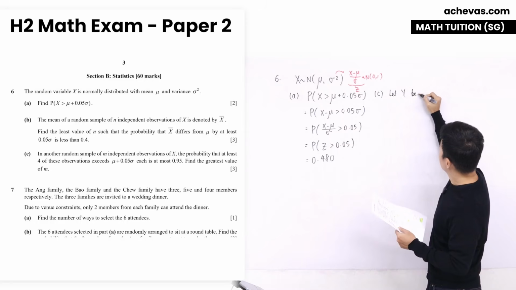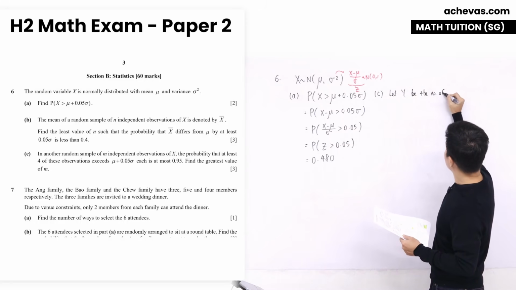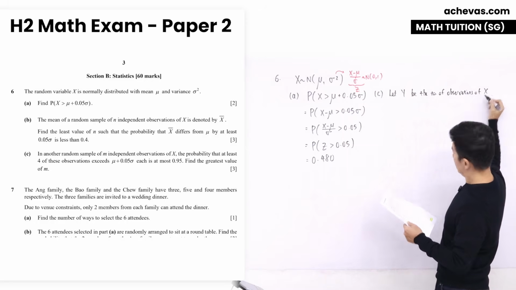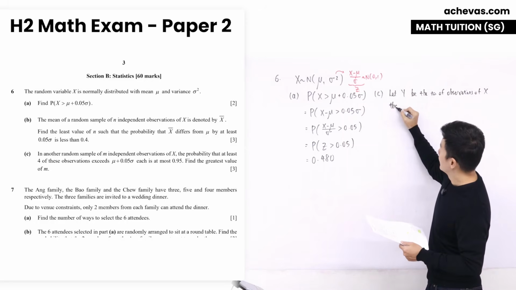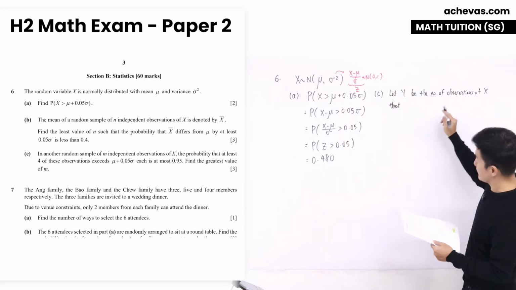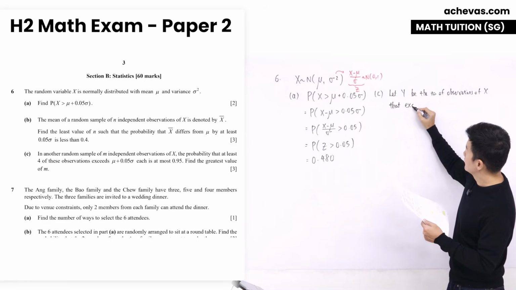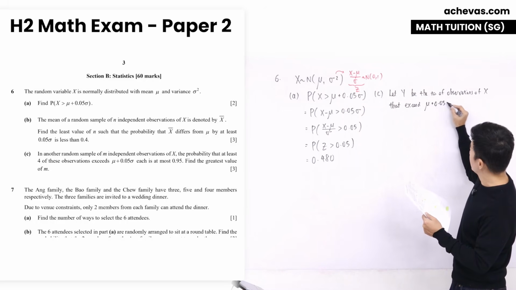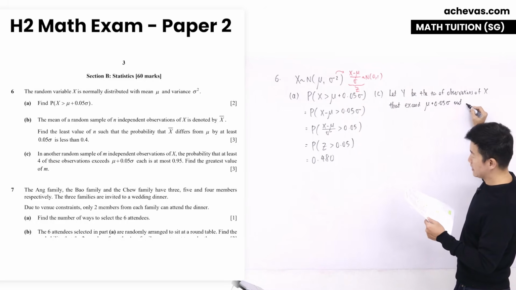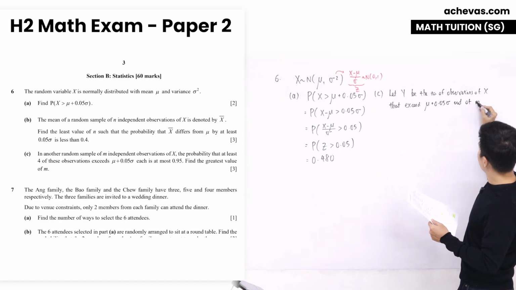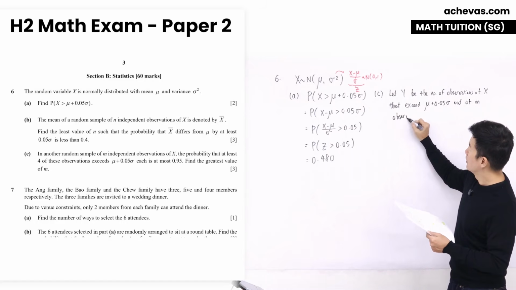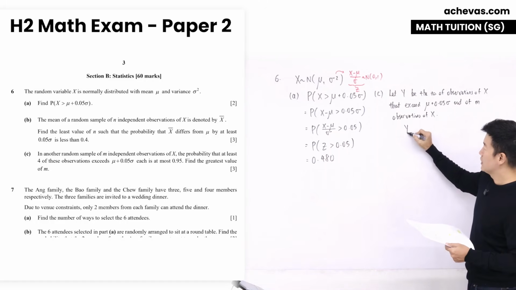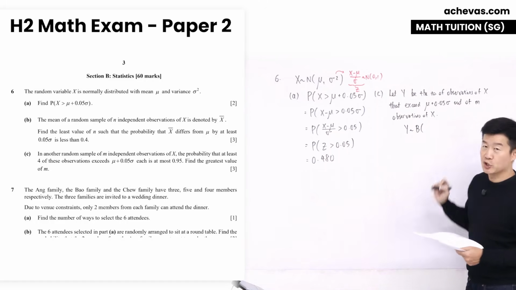I'm going to let y be the number of observations of x, and we are specifically interested in those observations when x exceeds mu plus 0.05 sigma, and this is going to be done out of m observations of x. So y here will follow a binomial distribution.